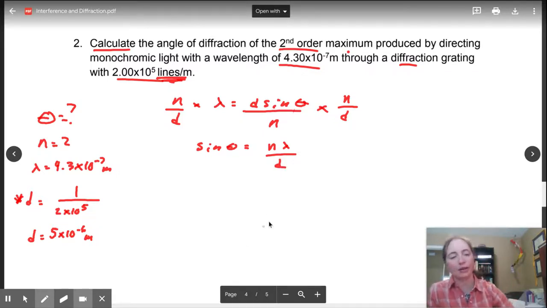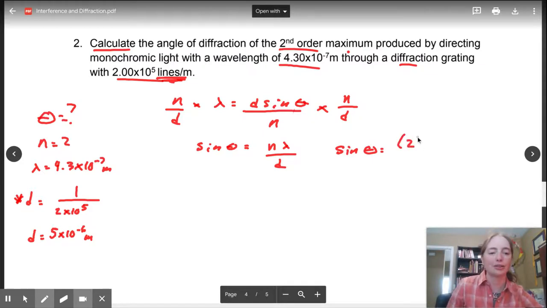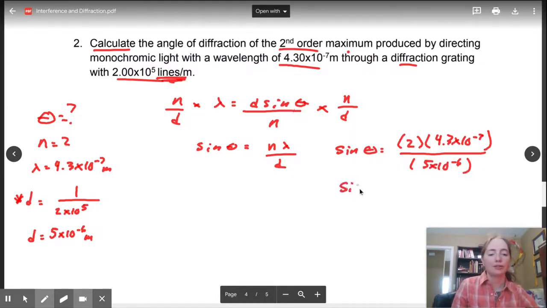Okay, so what I personally would do is in my calculator, I'd find sine theta first. So 2, multiply that by my lambda of 4.3 times 10 to the -7. This is going to reduce your calculator errors in some serious ways. And then you're going to divide that value by your 5 times 10 to the -6. Once you plunk that into your calculators, you're going to wind up with 0.172.